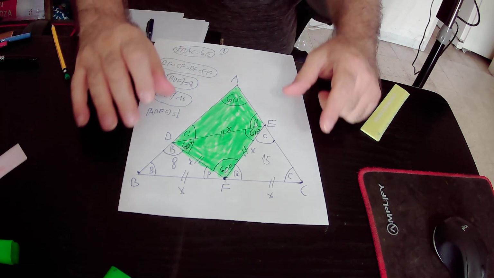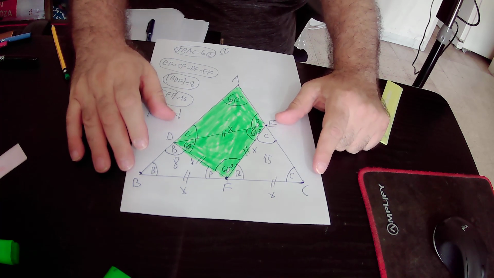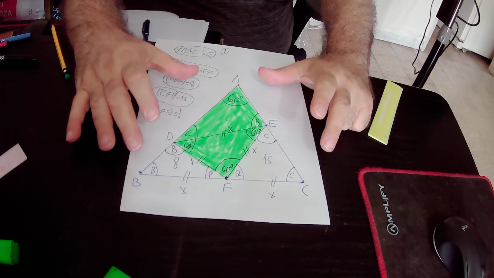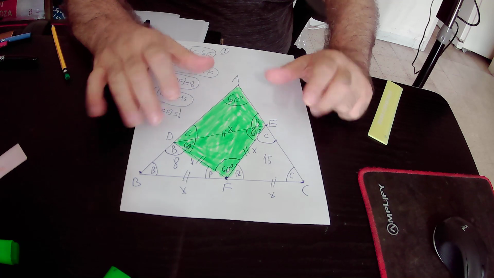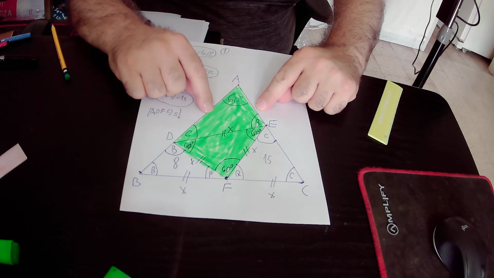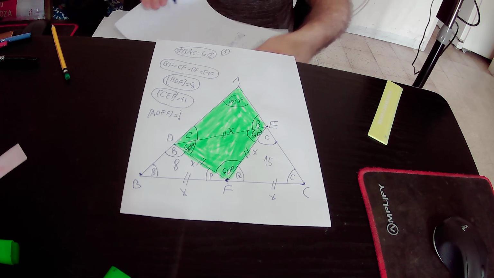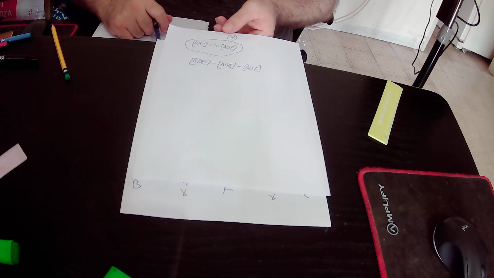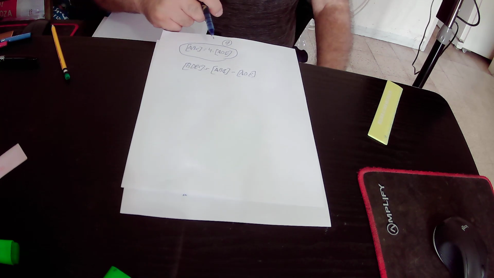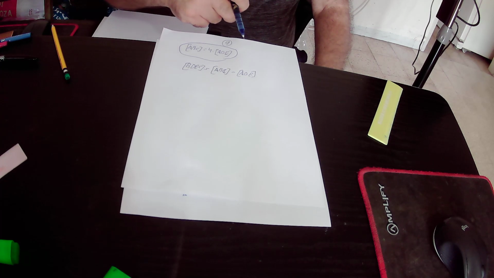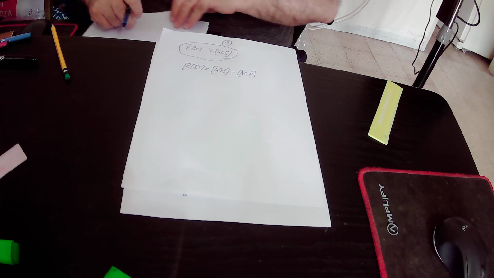Again, the area of quadrilateral BDEC will be equal to the area of the big triangle, triangle ABC, minus the area of the small green triangle, triangle ADE.